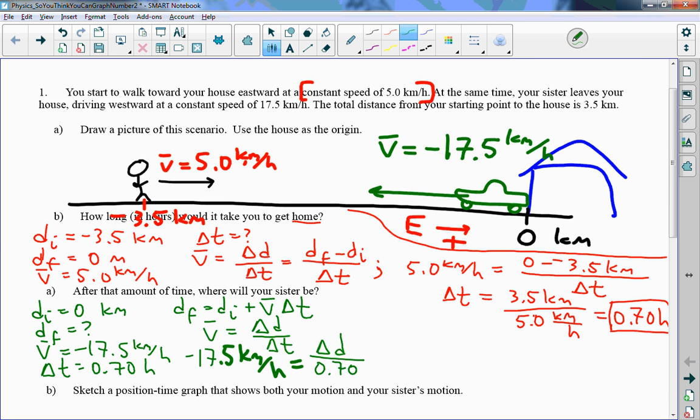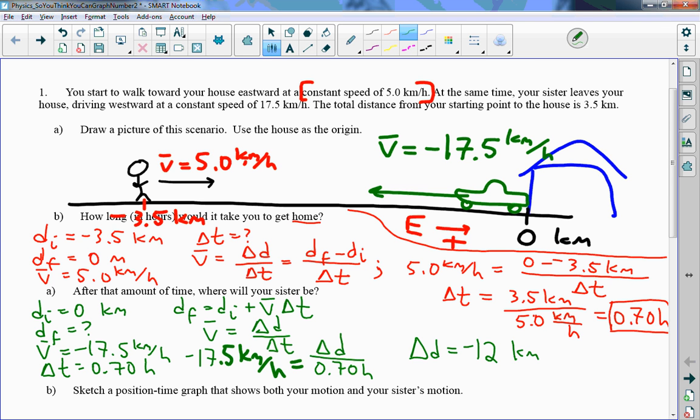So I'm going to multiply both sides by 0.7, and I'm going to get a negative answer. Delta d is negative 12.25 is what my calculator gives me. But I only have 2 sig figs available to me because of that time. So then I'm going to get negative 12 kilometers.